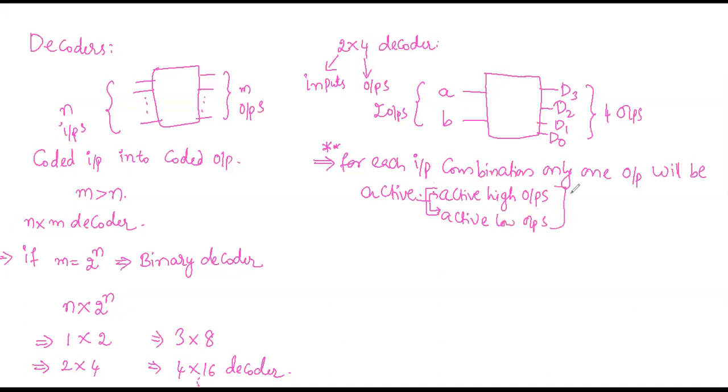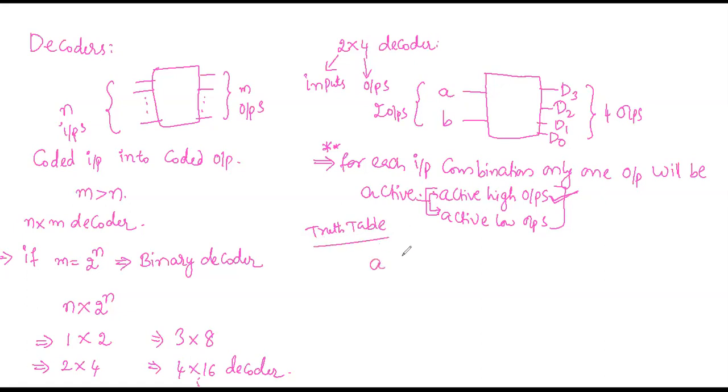Now we will first discuss active high outputs. Now coming to the truth table, we are writing the truth table for the active high outputs.